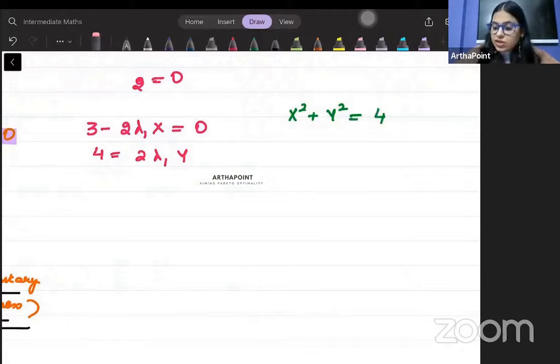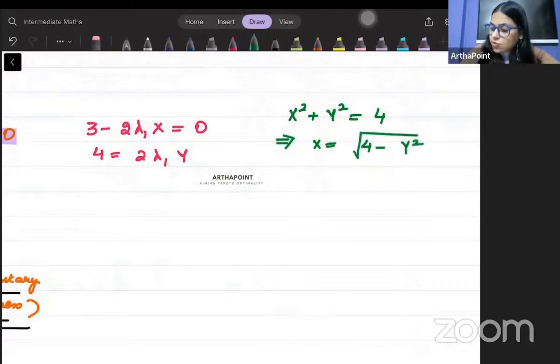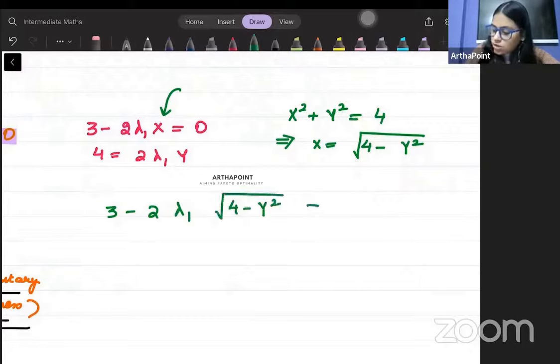So from here beta I will get that x will be 4 minus y square under root. And I will plug this x here. So I will get 3 minus 2 lambda 1, 4 minus y square under root is equal to 0.